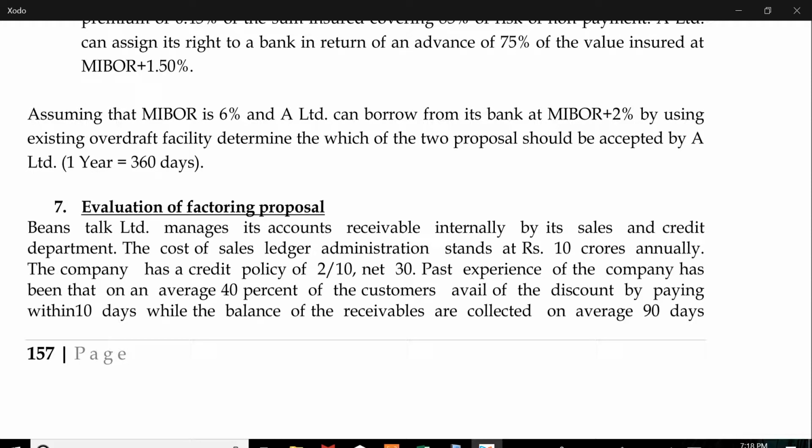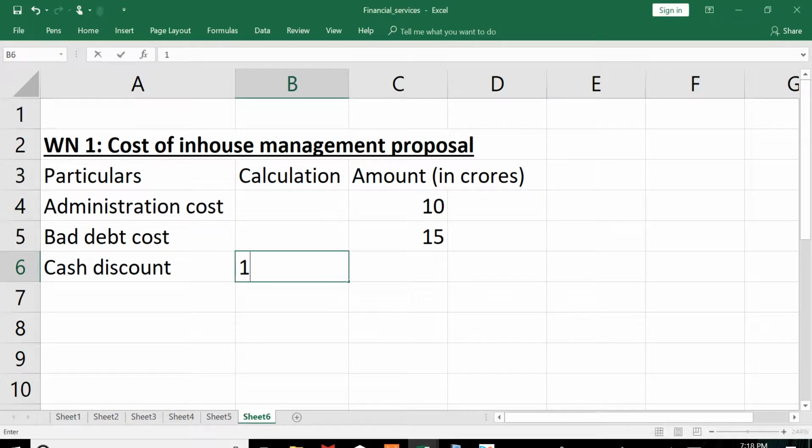What's the computation you're going to follow? 1000 into 40% into 2%. Only 40% people take it. So 1000 crores into 40%, and in that I give a discount of only 2%. So 1000 into 0.4 into 2%.